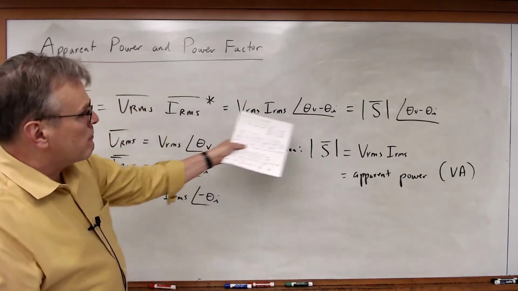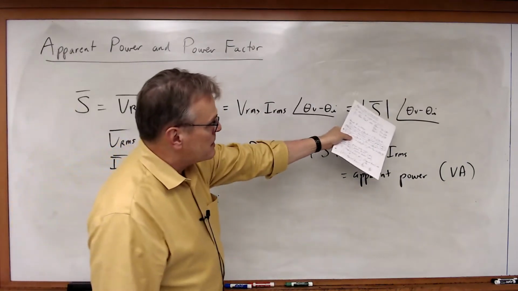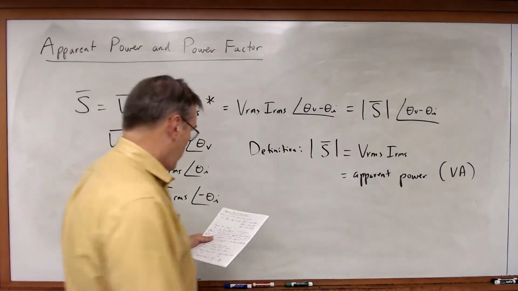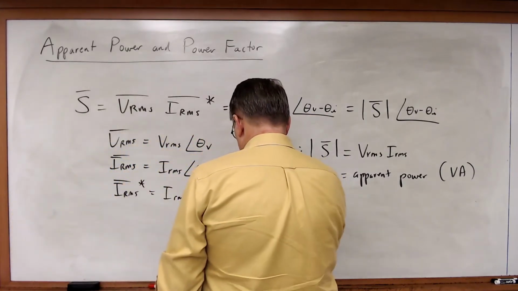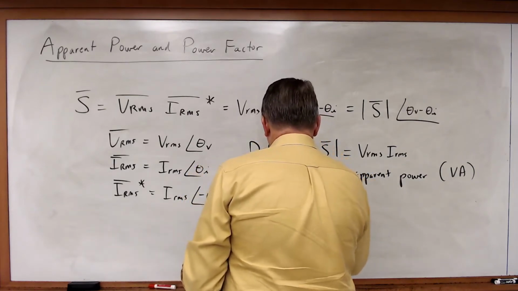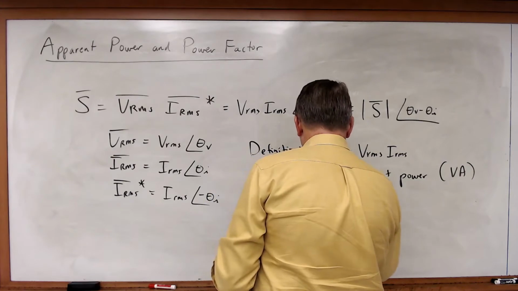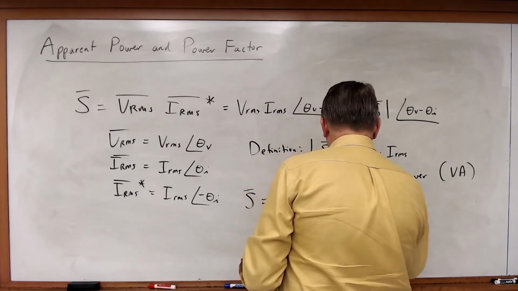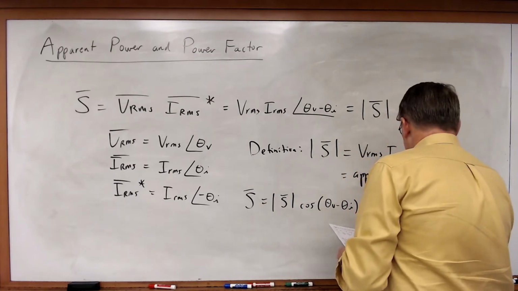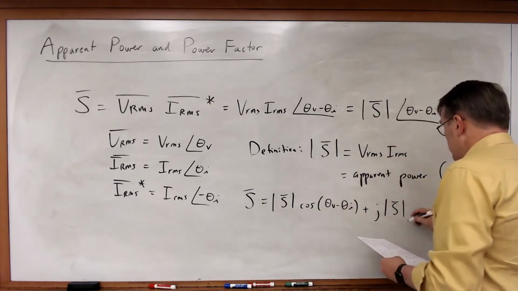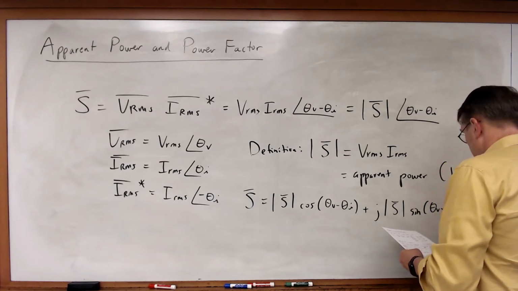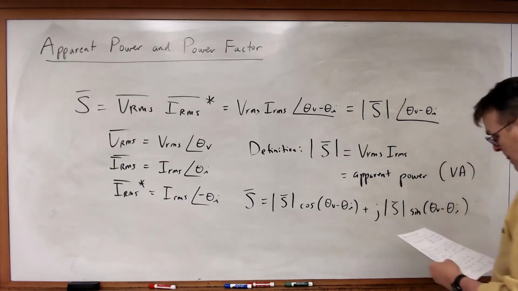Which means that I can now rewrite this. I can decompose this and turn it into a rectangular form. In this case, what I get is that S is equal to the magnitude of S times cosine of theta sub V minus theta sub I, plus j times the magnitude of S times sine of theta sub V minus theta sub I.